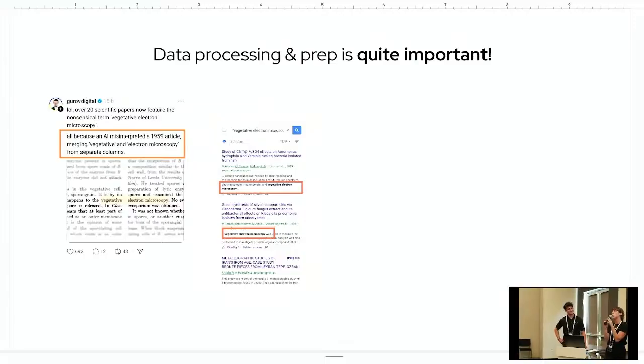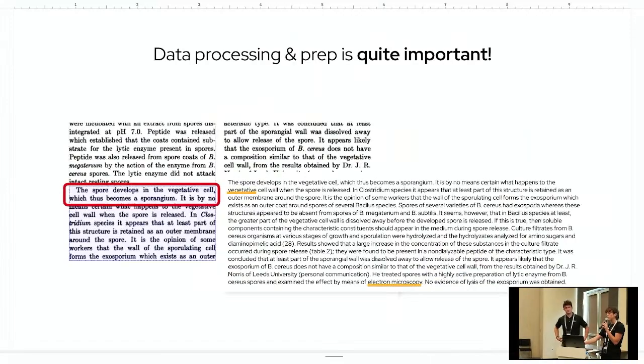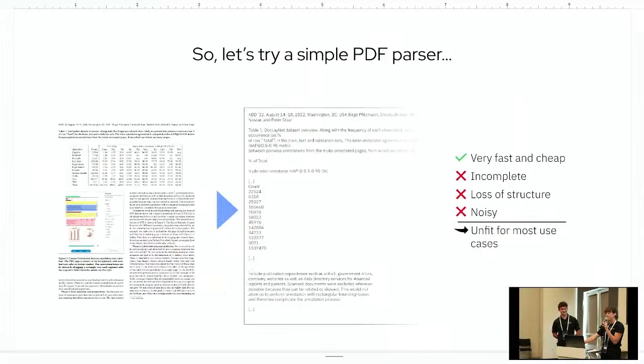But with optical character recognition, OCR, it can't necessarily tell the structure of the articles, the data that you're putting into it. And there are different things that you can use that understand structure. But if you're just using typical OCR, it might miss this. And something like vegetative electron microscopy might be cited in 20 research papers.